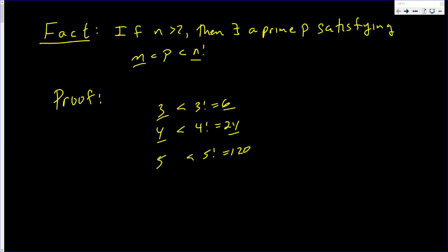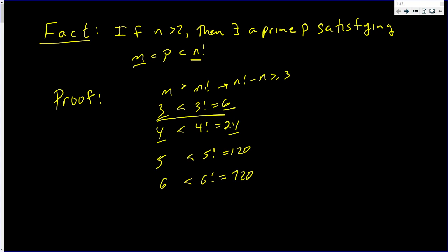It's 115 away, etc. 6, when you compare it to 720, it's over 700 away. And the deviation between n and n factorial is always, if n is at least 3, n factorial minus n is bigger than or equal to 3.